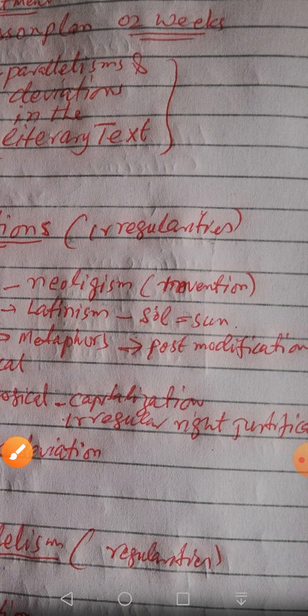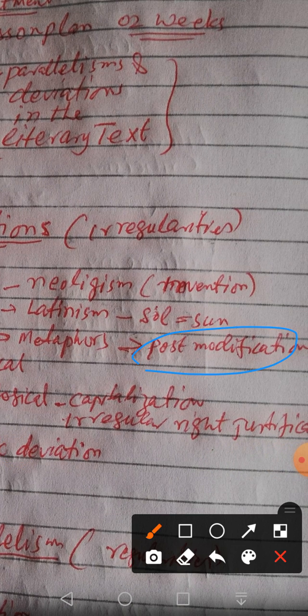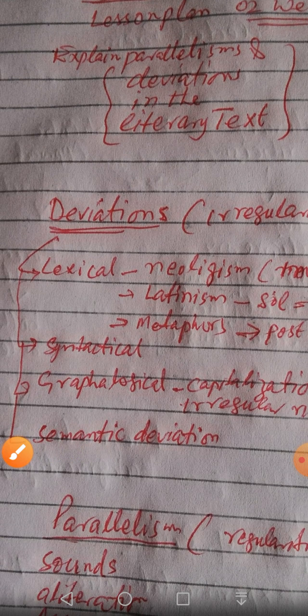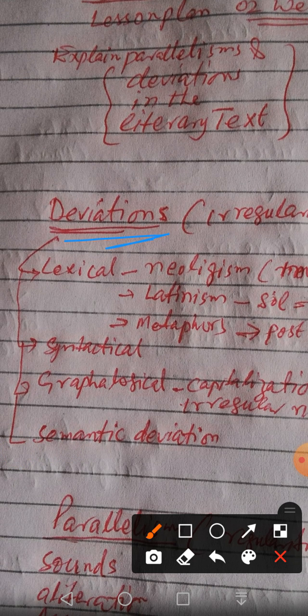Then we can use unusual nominal groups like post modification, when you say sense sublime, unlike officers concerned. Usually we pre-modify words, we place the adjective before the noun, but poets use post modification. So this is known as deviation from the normal routine.